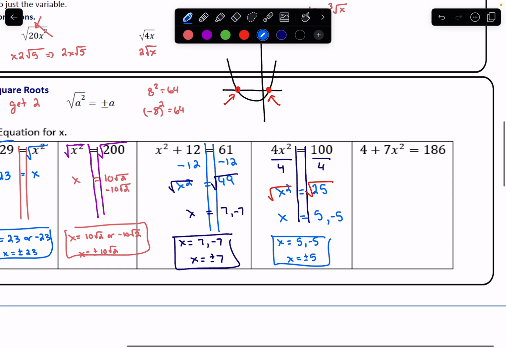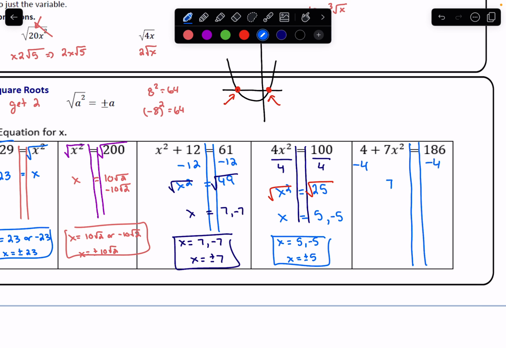Okay, last one. There's two things happening to the x squared. It's getting multiplied by 7, and we're adding 4 as well. So when I do my railroad tracks, I need to get rid of both of those numbers. So I'm going to minus 4 first. So I end up with 7x squared equals 182.